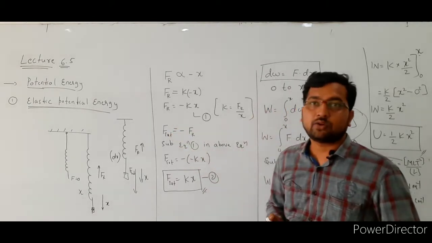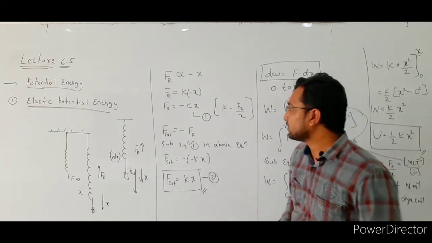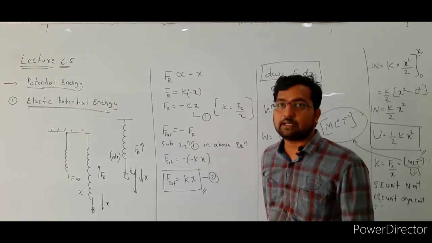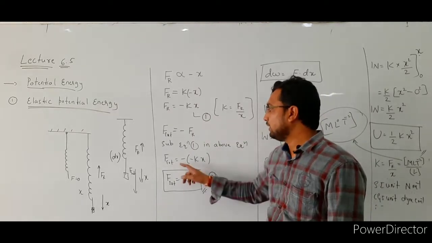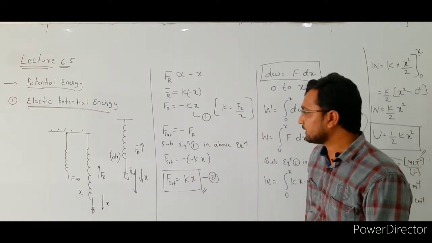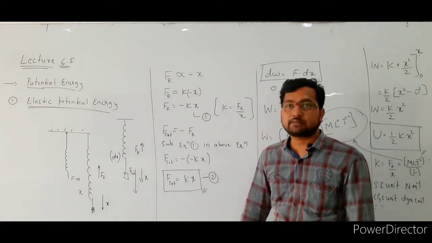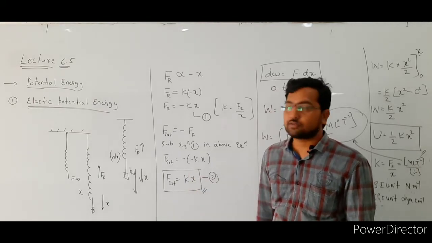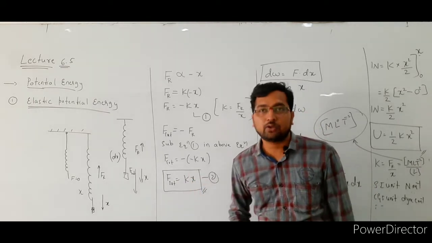Already we know the restoring force value, so substitute here: external force is equal to minus bracket of minus k into x. Here minus into minus is plus, so external force is equal to k into x.